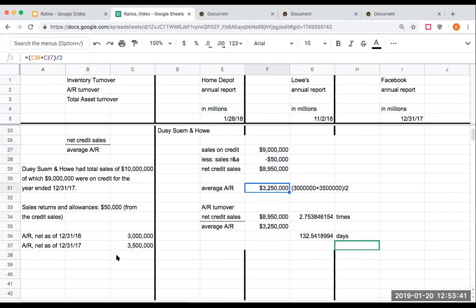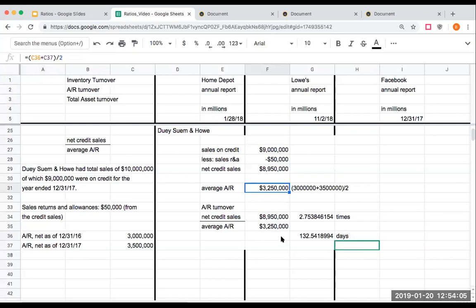I'm going to divide this by my average accounts receivable. My beginning accounts receivable is going to be the end from the prior year. This 12/31/16 becomes 1/1/17. So my average accounts receivable is this 3 million plus this 3.5 million divided by 2, or 3.25 million.